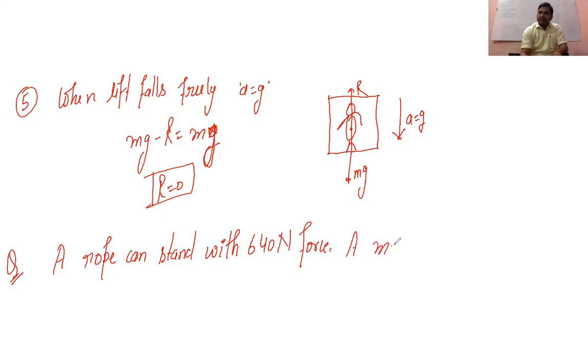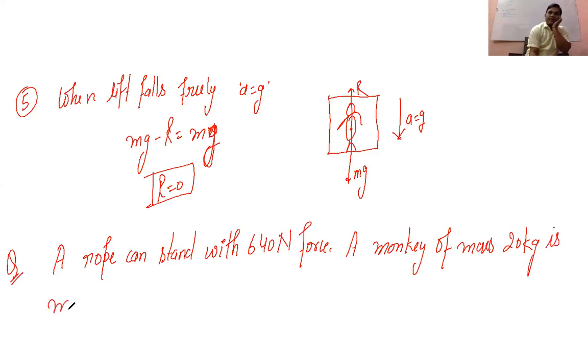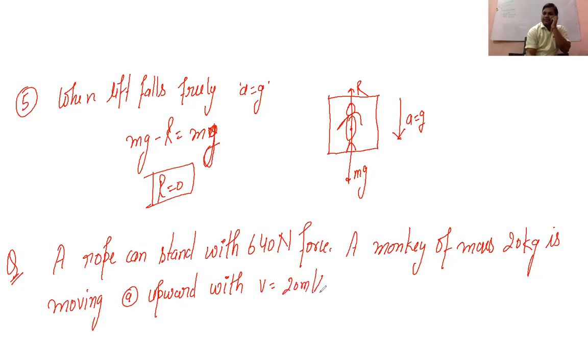A monkey of mass 20 kg is moving, in first case upward with velocity v is equal to 20 meter per second.